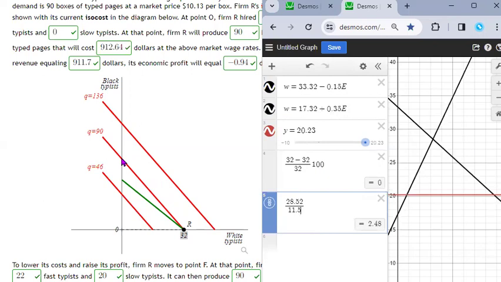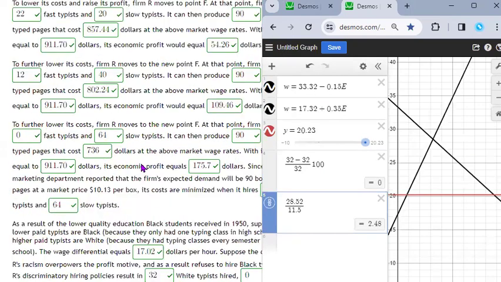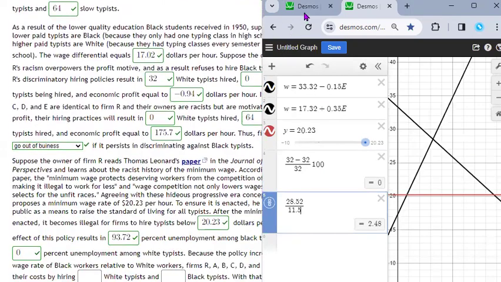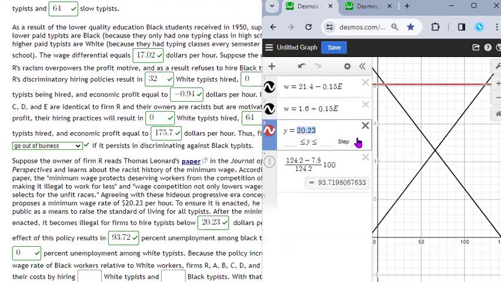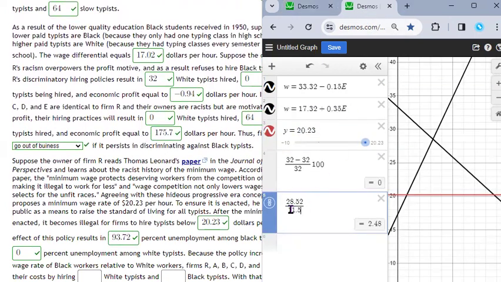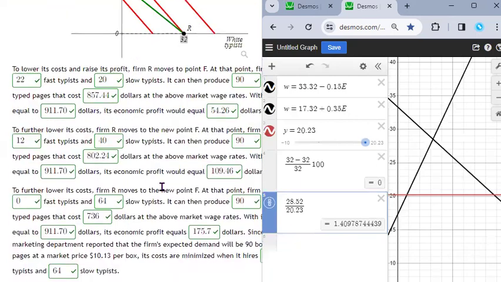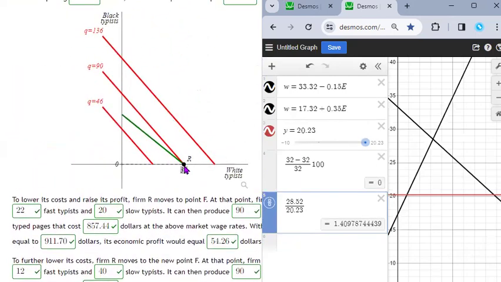But with the minimum wage law being enacted, the minimum wage forces the Black wage up to 20.23. So now you have to pay Black typists 20.23. So we're going to replace the 11.5 with 20.23. And now the slope is only 1.41. So the slope of the line basically rotates to a flatter line.